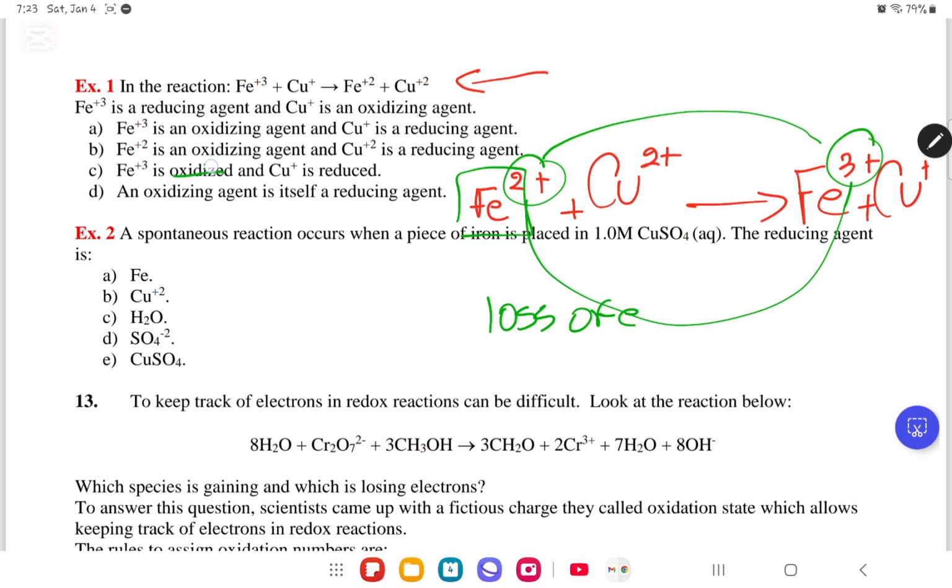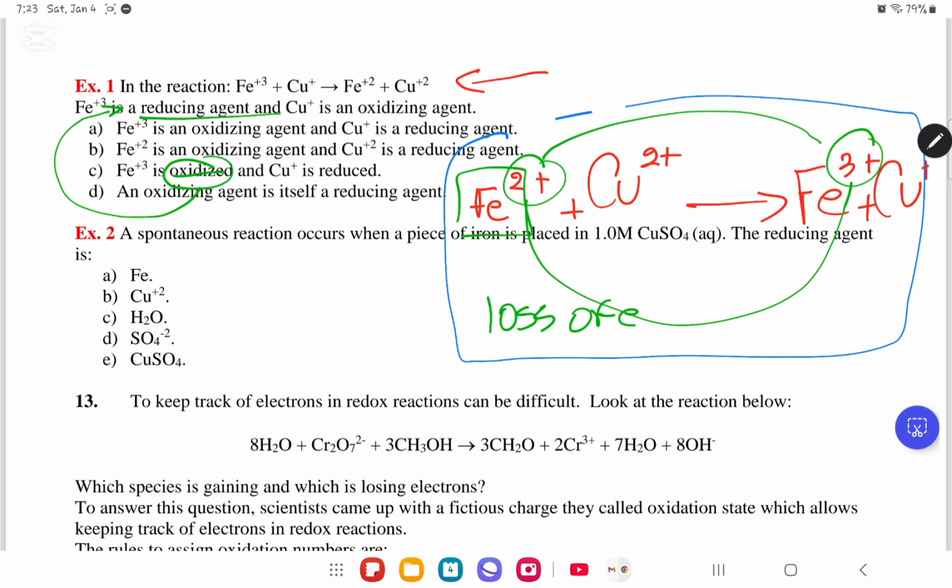And again, if something is oxidized, then it is the reducing agent. So we can know that Fe became oxidized in two ways. Either you take the original equation and see what changes happened, in this case it lost electrons, so it is oxidized, or you go to the statement below where it says Fe3+ is a reducing agent. Reducing agent means that it was oxidized.